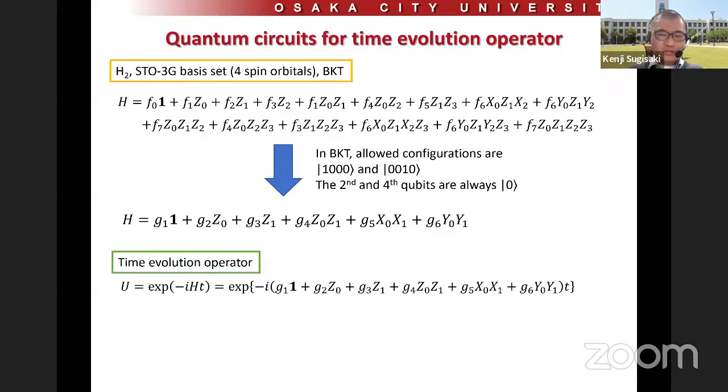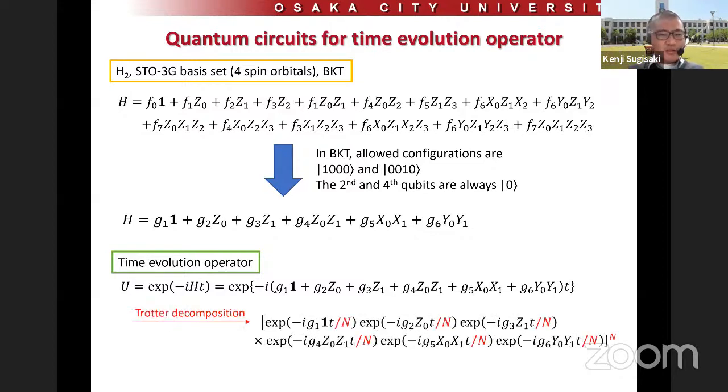So in order to do this, we generally apply a Trotter decomposition. This exponential function will be decomposed as a product of exponentials of the Pauli operators. In this case, in each exponential we have only one Pauli string.